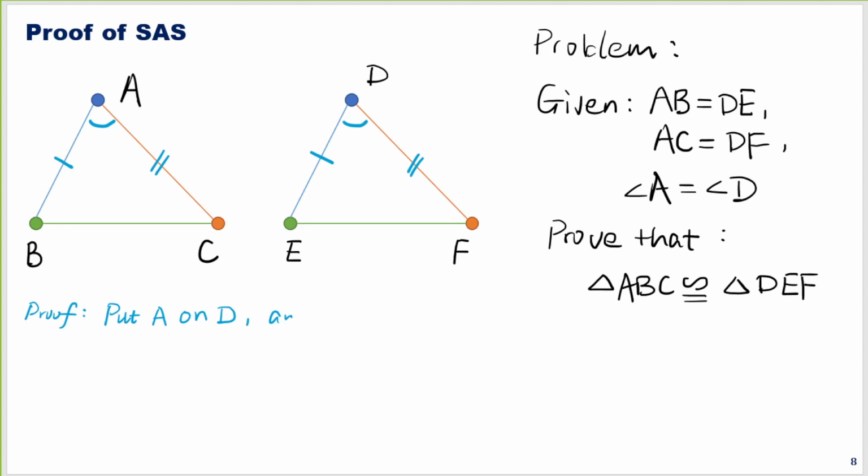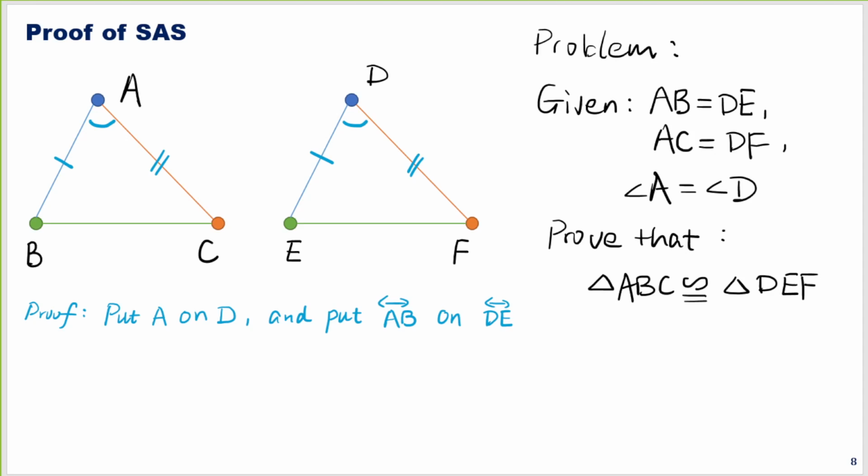and put the line AB on the line DE, right? This is possible, right? If you drag the point A onto D and then put line AB on line DE, this is possible, right?